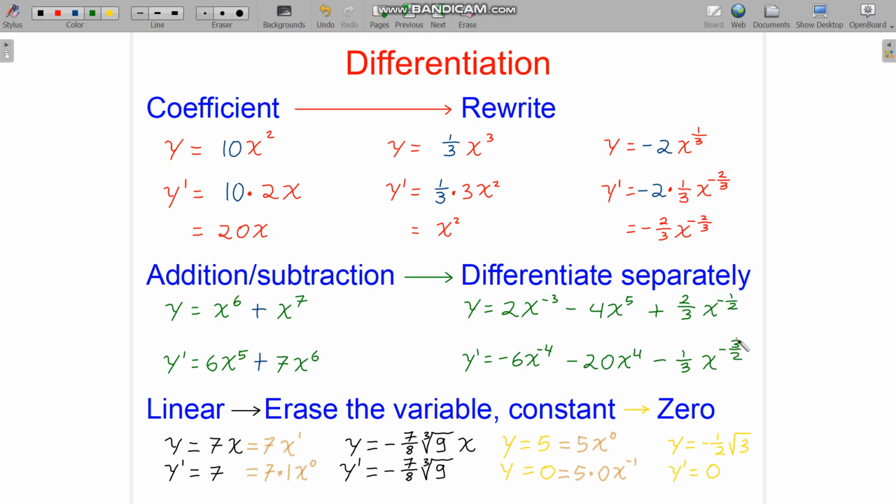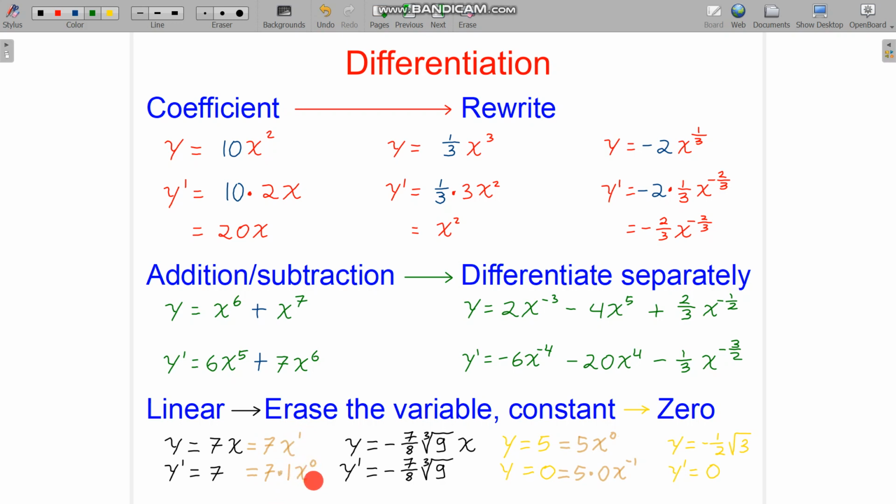If it's linear, which means it's just something times x, just erase the variable, and if it's a constant, it becomes 0. For example, 7x. 7x is the same as 7 times x to the power of 1. If you differentiate this, you get 7 times, bring the power down, 1 times x to the power of 0.